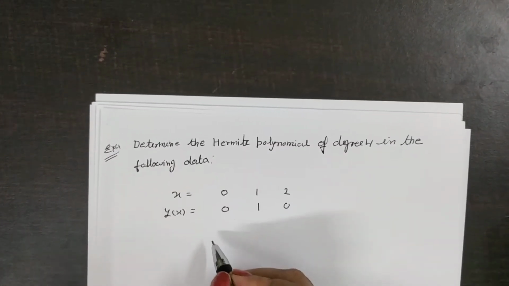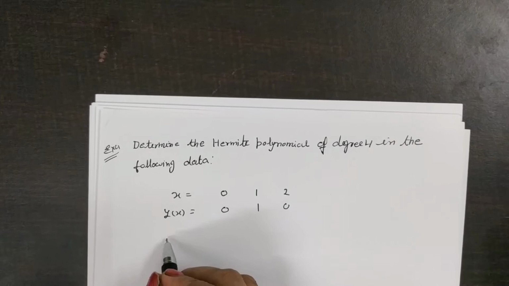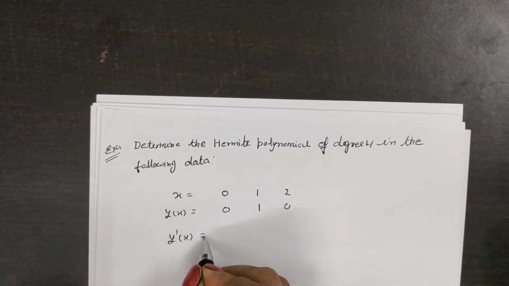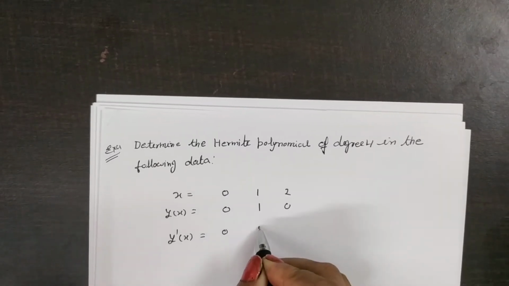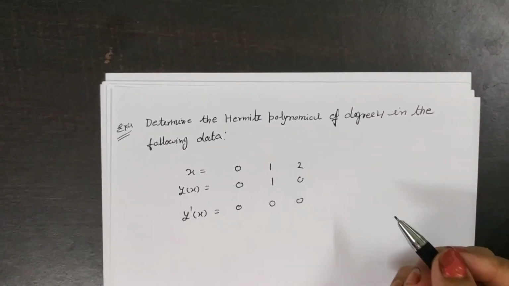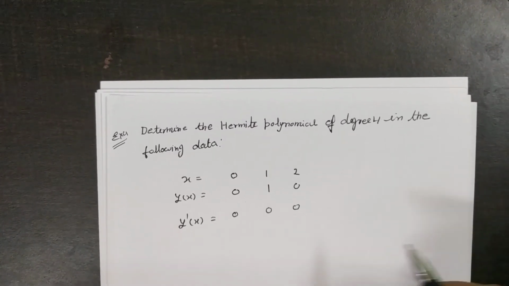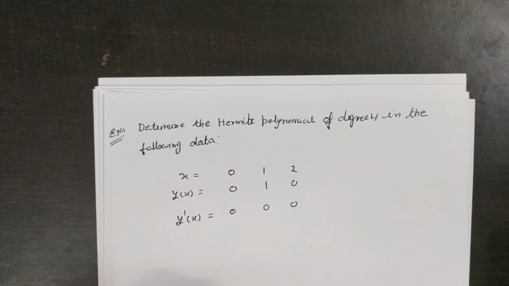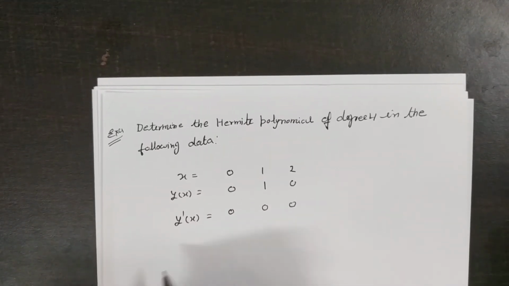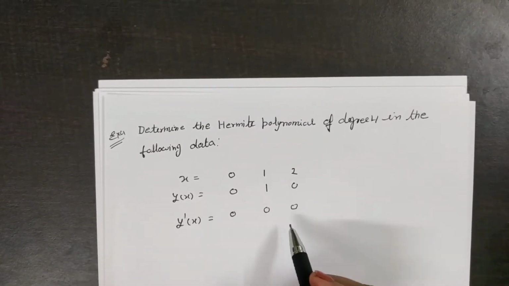Similarly, the derivative y dash(x) values are 0, 0, and 0. That is the question. Last time I defined the Hermite interpolation formula, so using this formula we solve this problem.